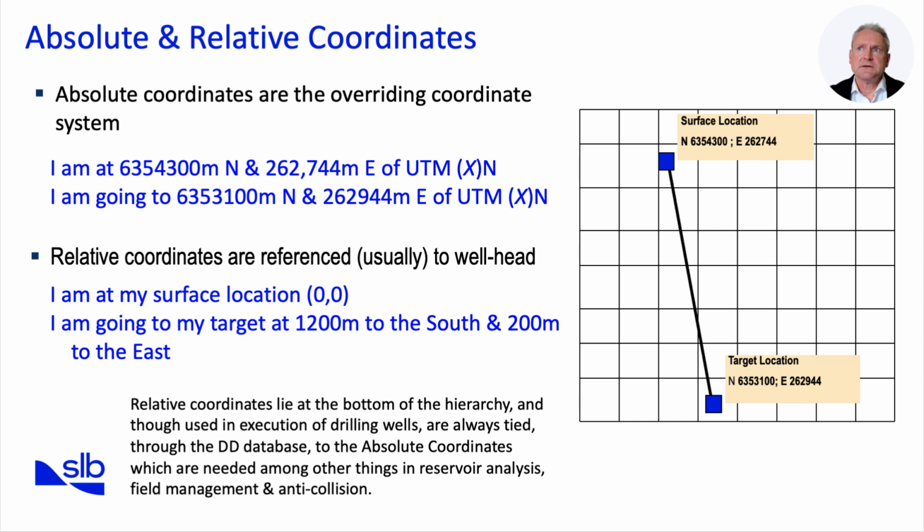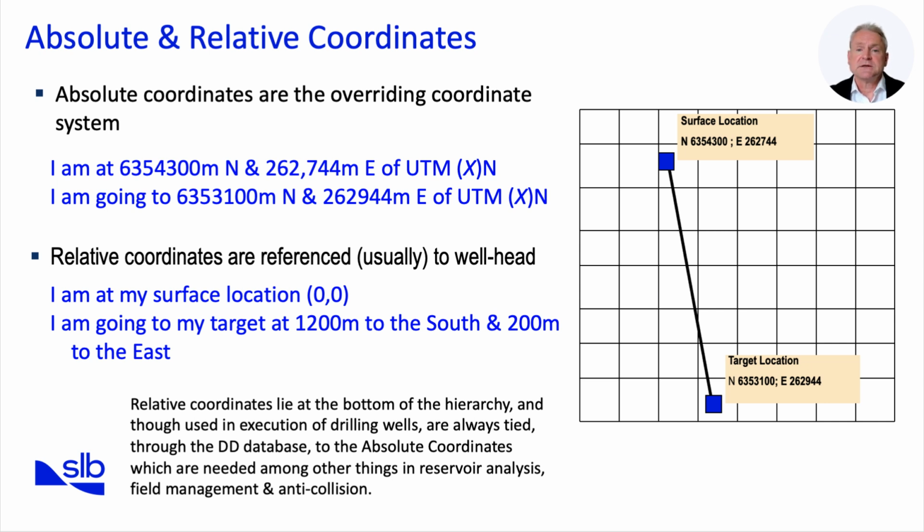Relative coordinates, by contrast, express positions with reference to a local point, such as a wellhead. For example, we might describe a target as 1,200 meters south and 200 meters east of the surface location. Both systems are useful. Relative coordinates are convenient for operational execution, while absolute coordinates are essential for integration across teams, reservoir management, and collision avoidance.